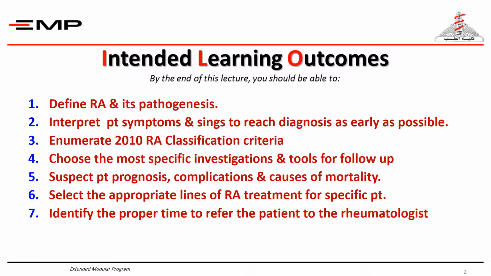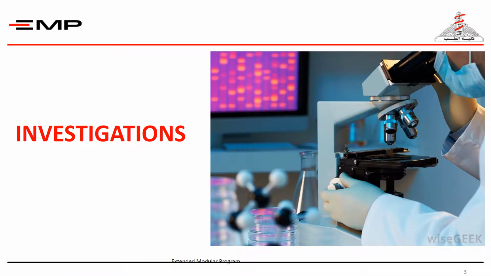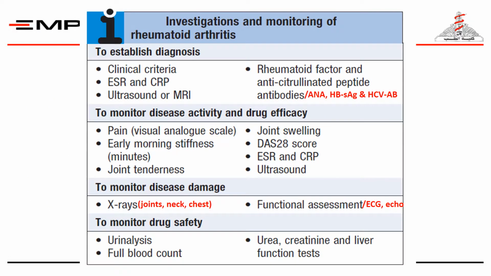These are the ILOs if you want to revise. Investigations and monitoring of rheumatoid arthritis. To establish diagnosis, there must be full clinical criteria, rheumatoid factor and or anti-CCP antibodies.